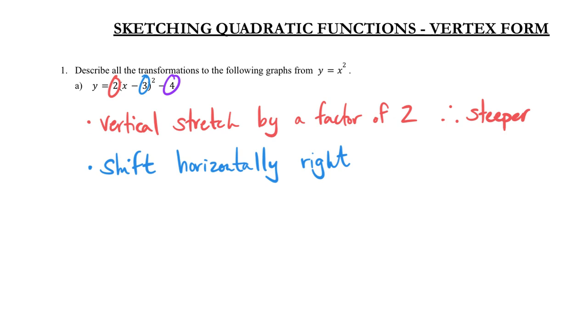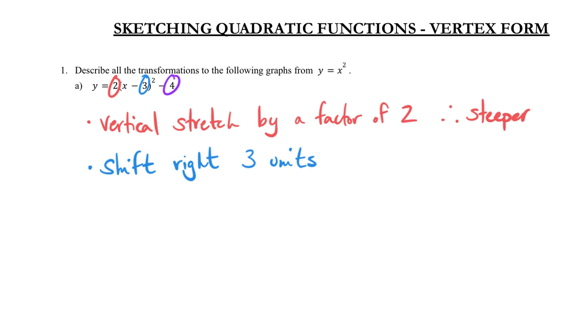Like it's not needed. As soon as I have to describe right, which I have to include, horizontally becomes unneeded. It's a waste of time. So don't write that. Instead, recognize that it's a shift horizontal. We write that it's been shifted right, so we shift it right 3 units.